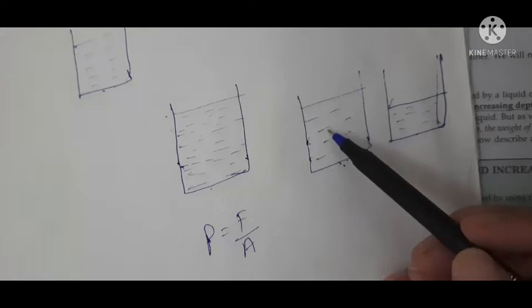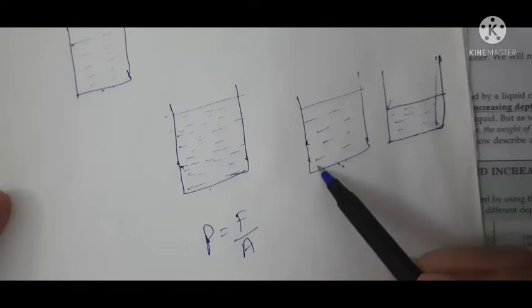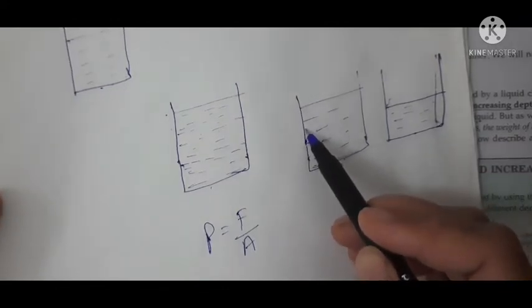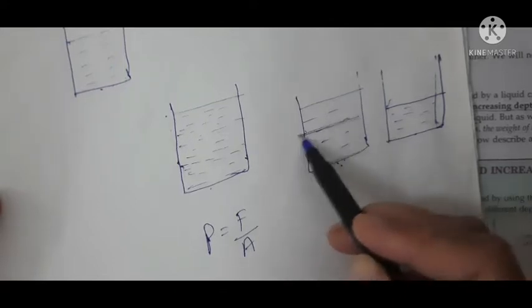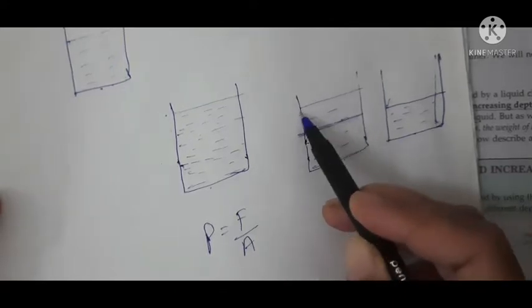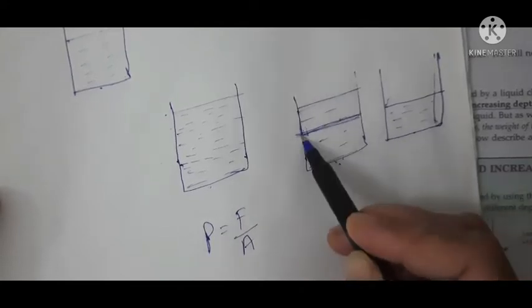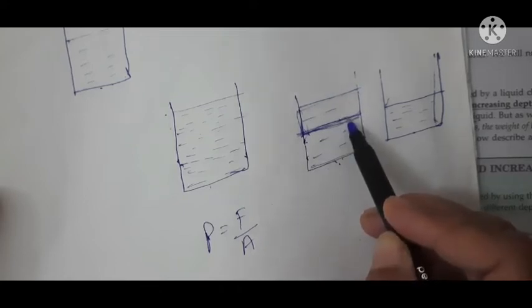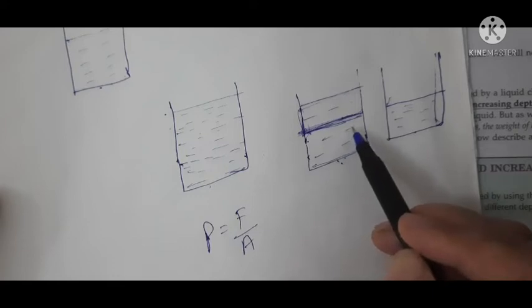So what happens? The pressure increases with the depth. Okay, understood or not? So if you take this case here, at this point the pressure will be less, because only this much weight is exerted on this portion.